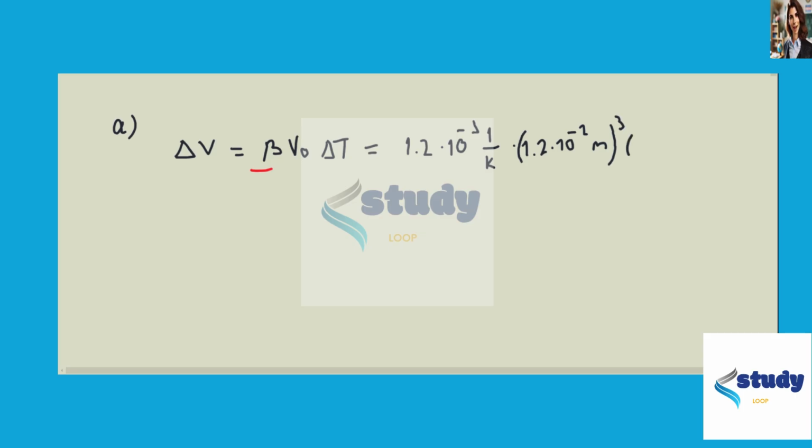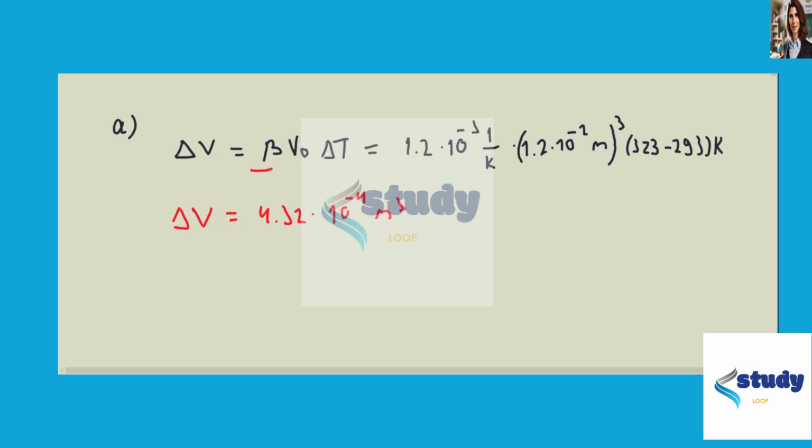And here we have the difference of the temperatures. When we place these values into a calculator and evaluate, we obtain that the change in volume is 4.32 times 10 to the negative 4 power meters cubed.